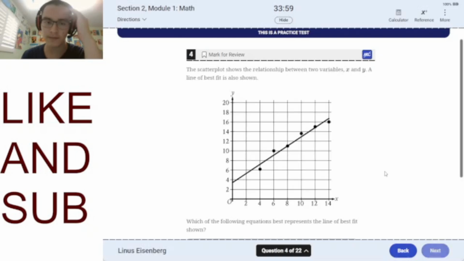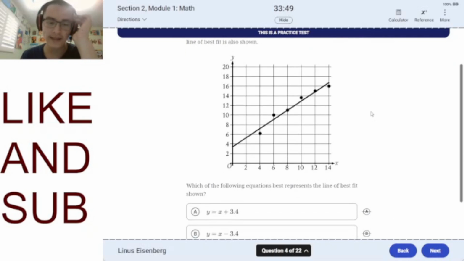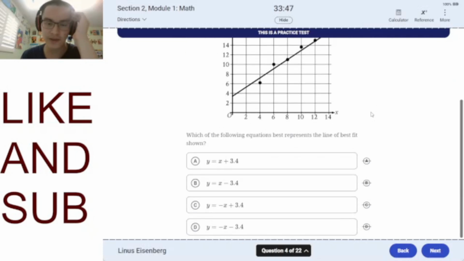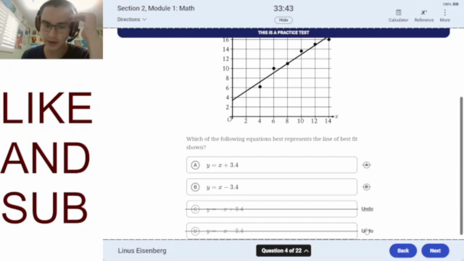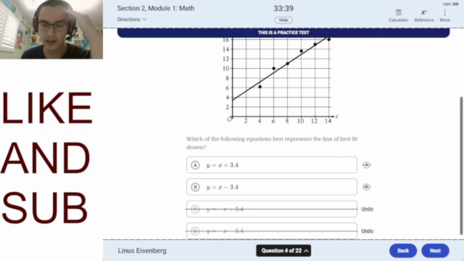Okay, next one. The scatter plot shows the relationship between two variables x and y. A line of best fit is also shown. Which of the following equations? Okay, so basically we're asked for a line of best fit. So we see that y goes up as x goes up, so we can cross out those ones. So it clearly can't be the bottom two.